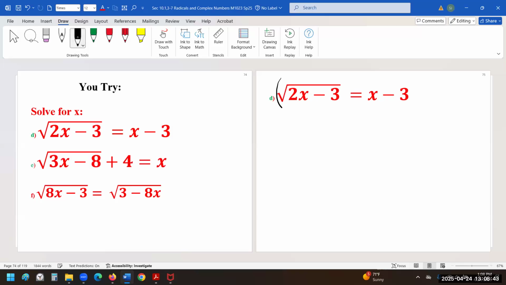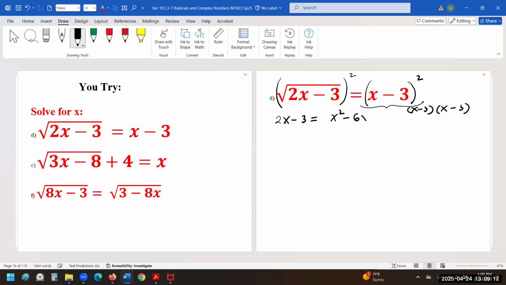Since our radical term is alone on one side of the equal sign, we can go ahead and directly apply the square on both sides. Perfect. So this means we have x minus 3 times x minus 3. It's not x squared plus 9.